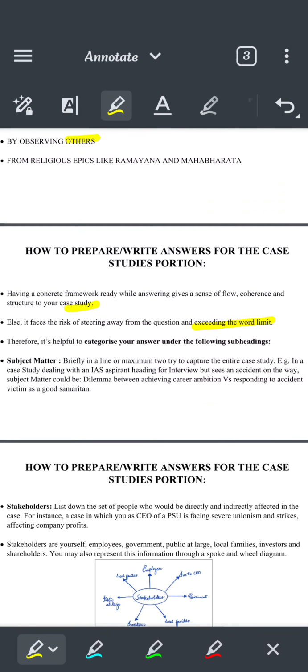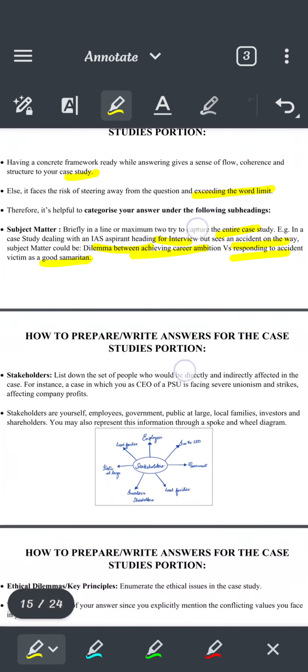Therefore it's helpful to categorize your answer under the following subheadings: subject matter, briefly in a line or a maximum of 2, try to capture the entire case study. Example, in a case study dealing with an IAS aspirant heading for an interview but who sees an accident on the way, the subject matter could be a dilemma between achieving career ambition versus responding to the accident victim as a good Samaritan.